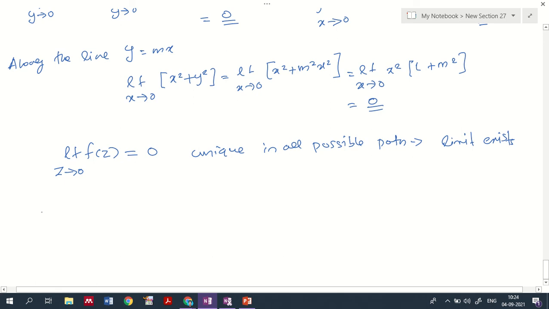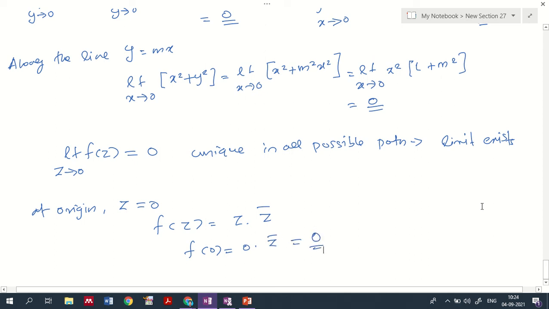Now the next step is to check at z equal to 0, because we said that at origin we need to check whether it is continuous or not. Okay, so at origin we know that z will be equal to 0. So f of z equal to z into z bar, that is f of 0 will be equal to 0 into z bar, that is equal to 0.